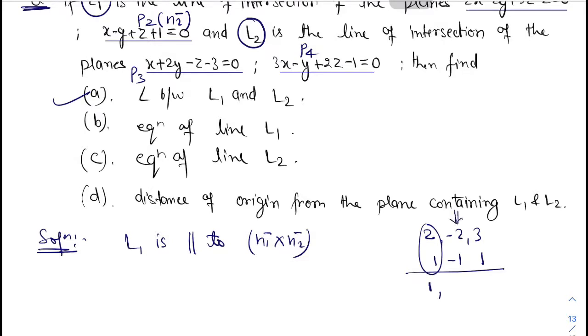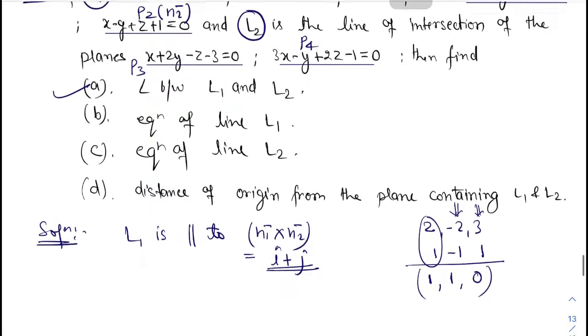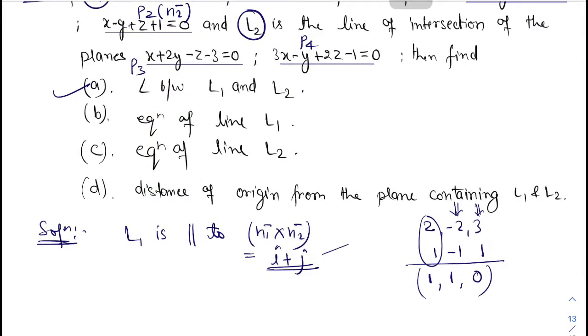By blocking the middle column, 3 minus 2 will be 1 again, and by blocking the third column, minus 2 plus 2, that is 0. So n1 cross n2 is nothing but i cap plus j cap. L1 was the line of intersection of planes P1 and P2. So L1 is parallel to i cap plus j cap.